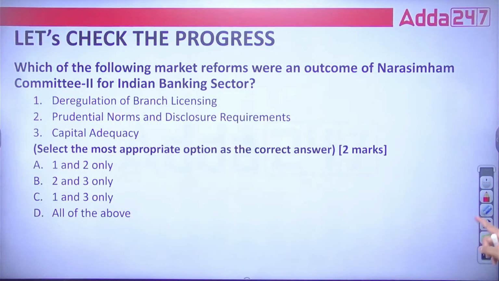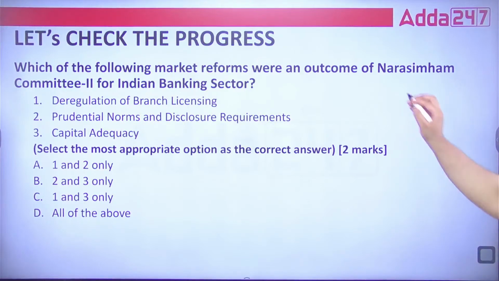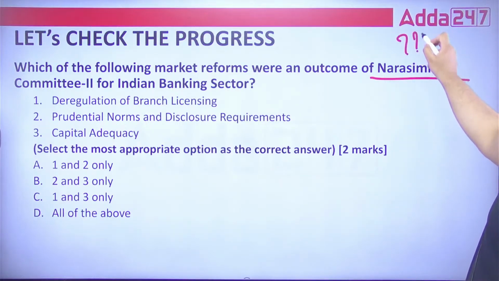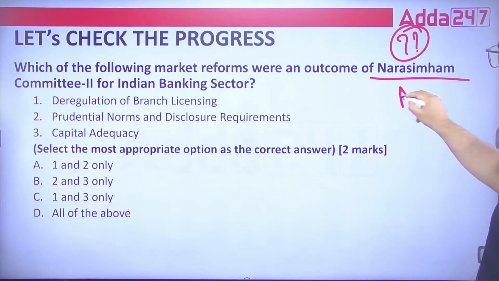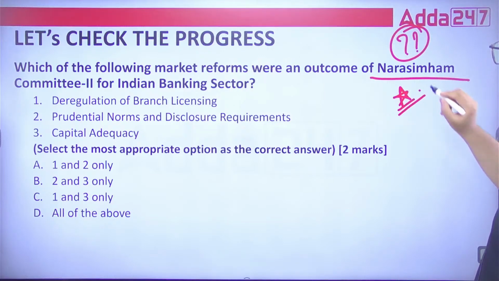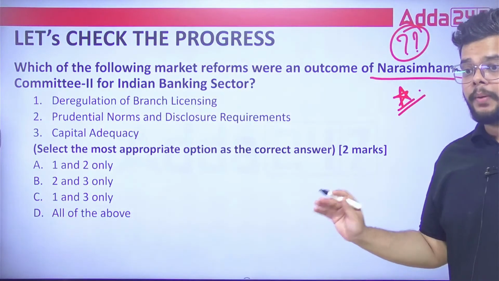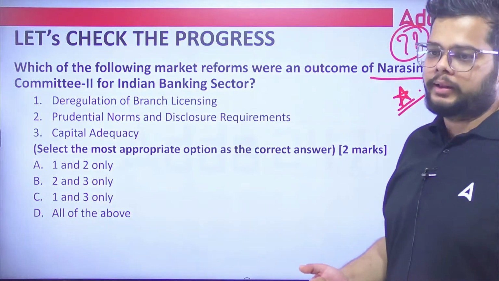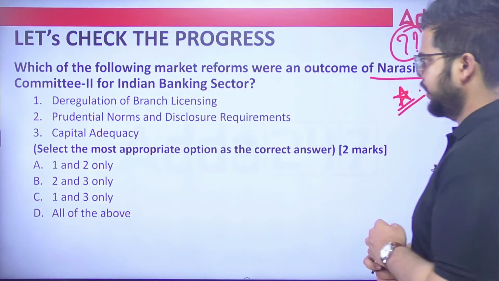Here, this question pertains to the Narasimham Committee 2. Yes. What about this one? Narasimham Committee 2, a very important committee, one committee whose every recommendation you must know, you must remember. This is the committee, Narasimham Committee 2, review of the banking sector, or you can say financial sector, in our country. That was the official name of this committee.